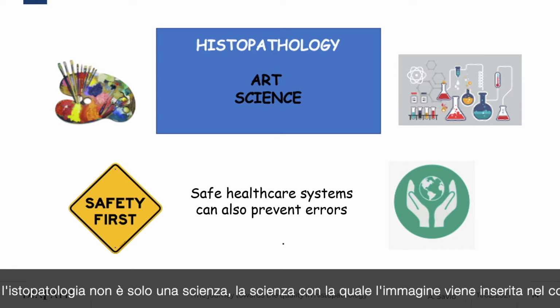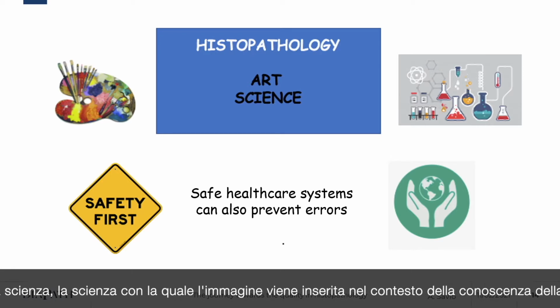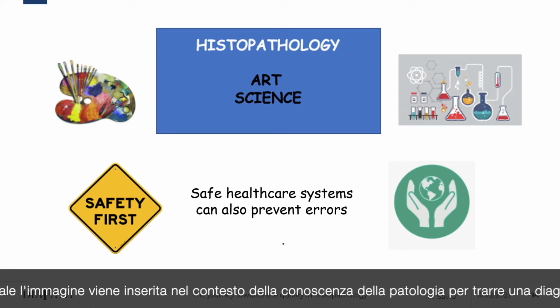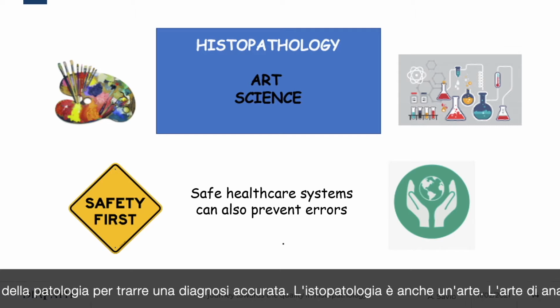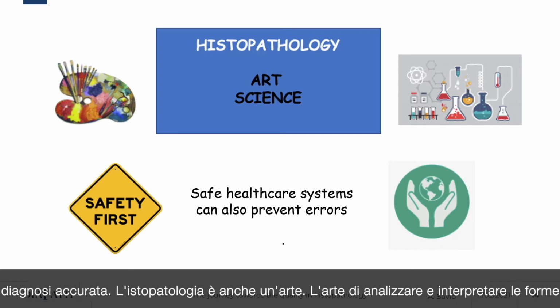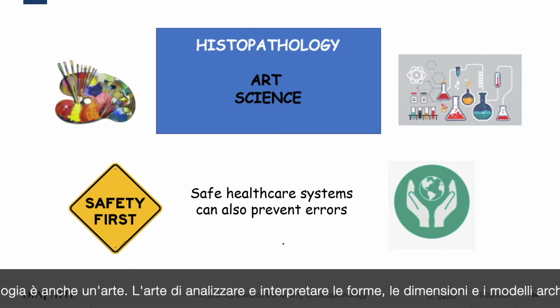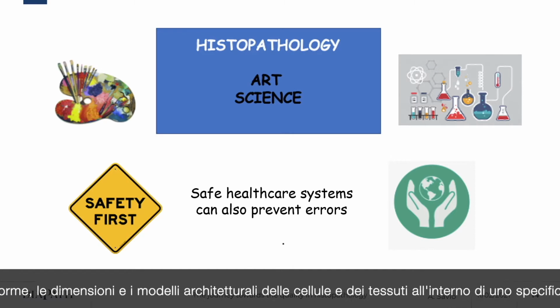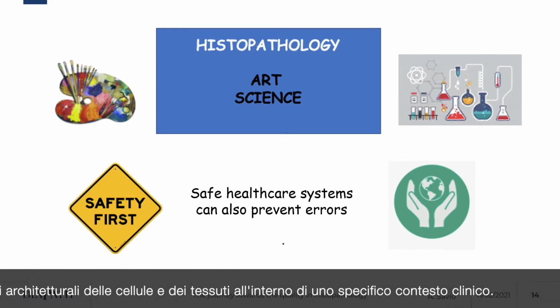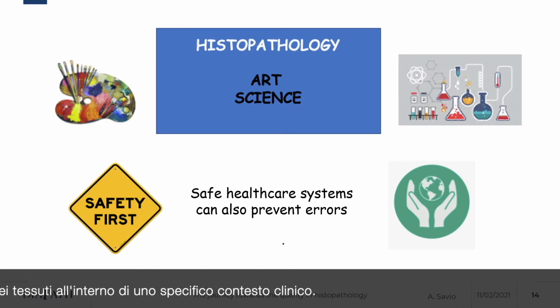In fact, histopathology not only is a science, the science by which the image is placed in the context of knowledge of pathology to draw an accurate diagnosis. Histopathology is also an art, the art of analyzing and interpreting the shapes, sizes, and architectural patterns of cells and tissues within a given specific clinical background.